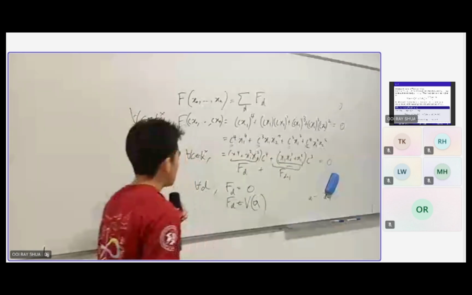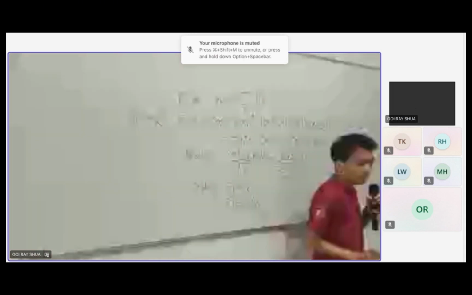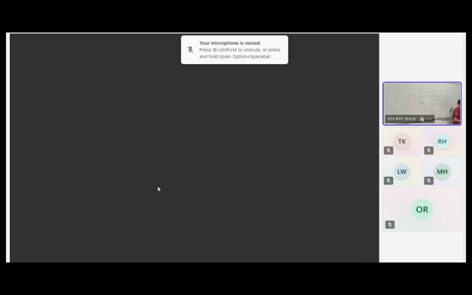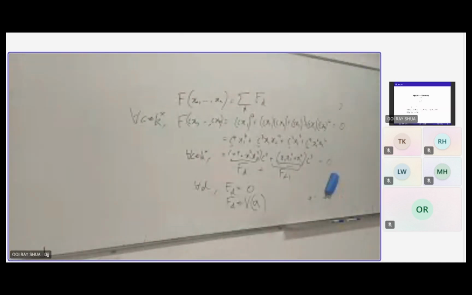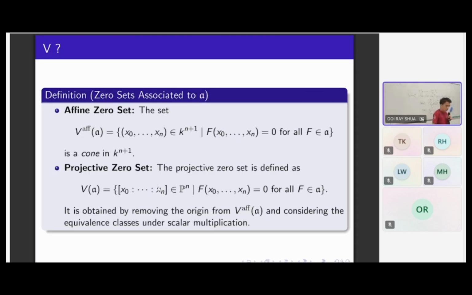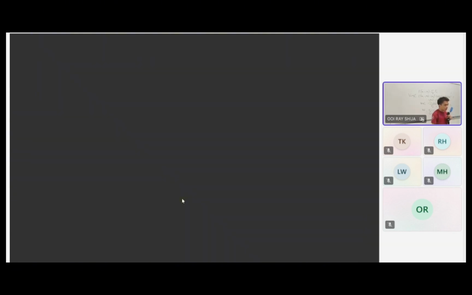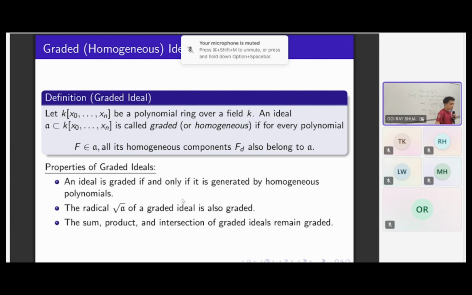So this is a restriction on our ideal. That's the V the other way. Since we want that relation to be satisfied, since points are identified by x naught to xn being identified with c x naught and c xn, by this restriction we deduce the definition for a graded ideal.